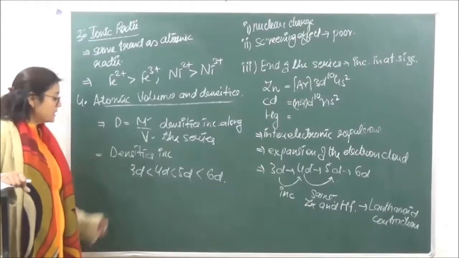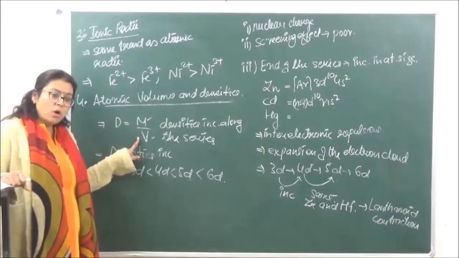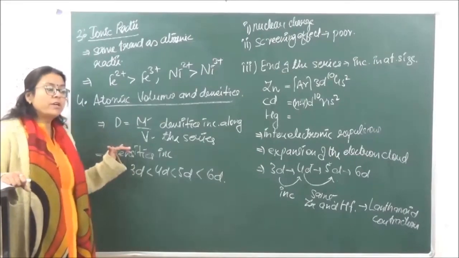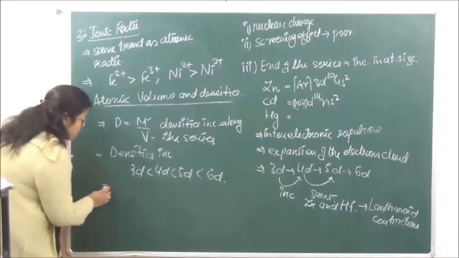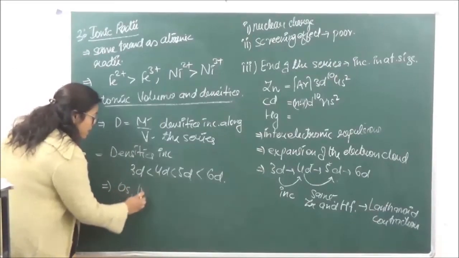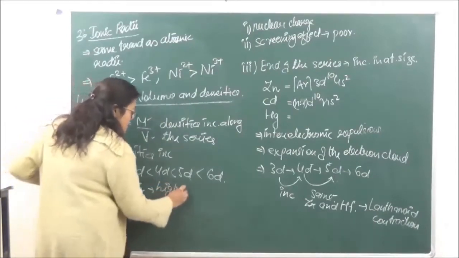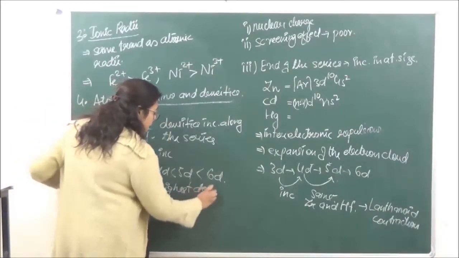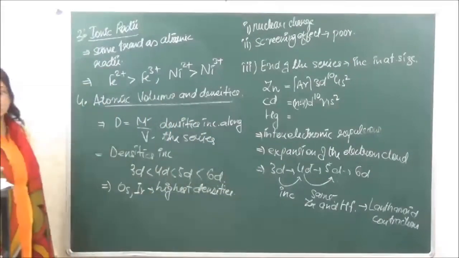The reason I have already said is that the masses are going to increase and there is not going to be much change in the volume. Therefore, densities are going to increase. Now, it is seen that amongst the entire periodic table, osmium and iridium have the highest densities.